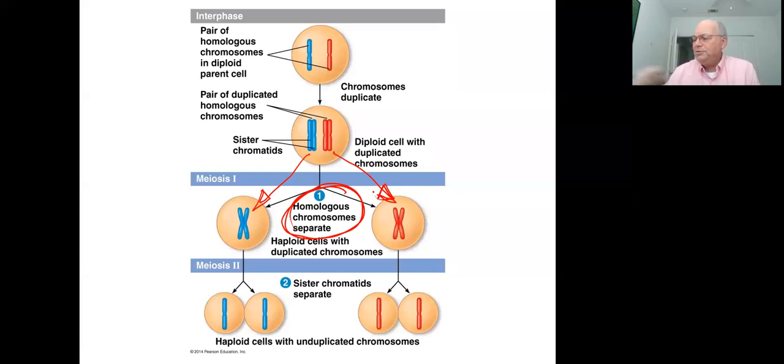Then in meiosis 2, it's all about separating the sister chromatids. So 1 sister chromatid goes here, 1 sister chromatid goes here. But we've got 2 cells undergoing meiosis 2. So in the end, we wind up with 4 daughter cells.